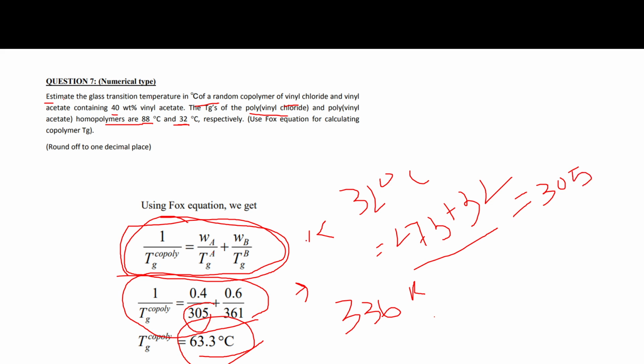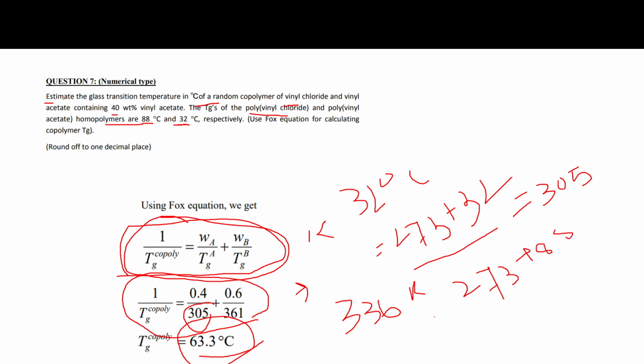Now Tg of B is given as 88 degrees centigrade. If you convert it into Kelvin, it will be 273 plus 88.